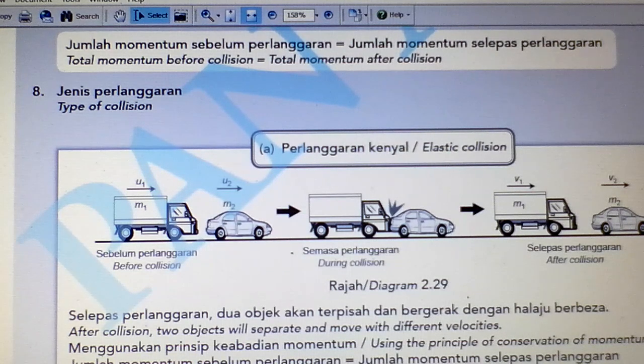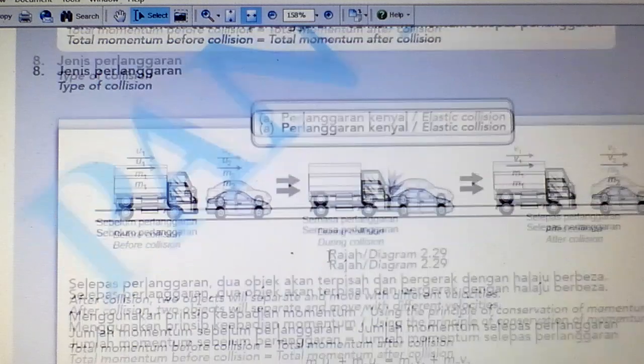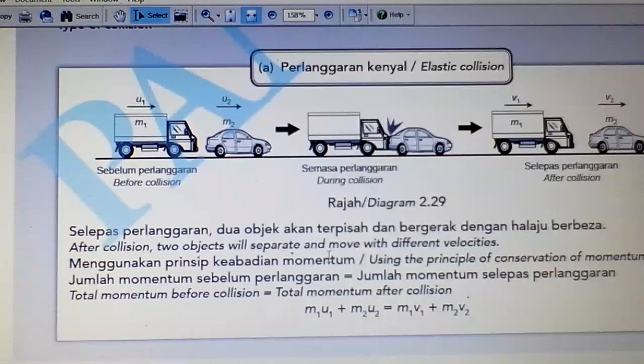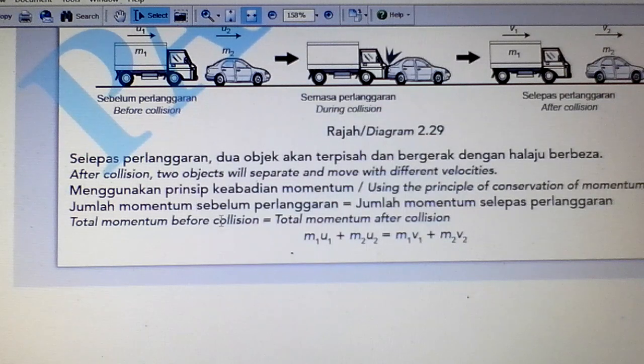The car will move with final velocity v2. So we can use the principle of conservation of momentum. Thus we can write total momentum before collision is momentum of the truck plus momentum of the car equals after collision momentum of the truck plus momentum of the car.